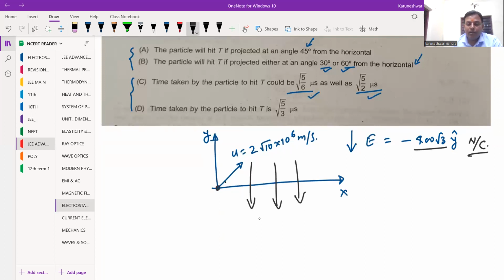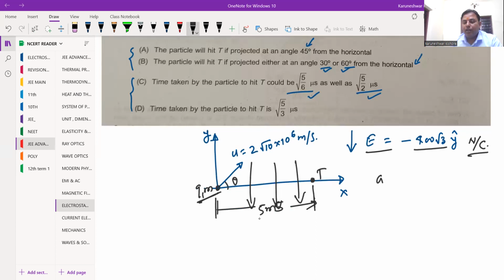Now there is a target here. Let's suppose this target T is there, at 5 meter. Now the acceleration along the y-axis: the charge will experience electrostatic force due to the electric field, and the electric field is in one direction.